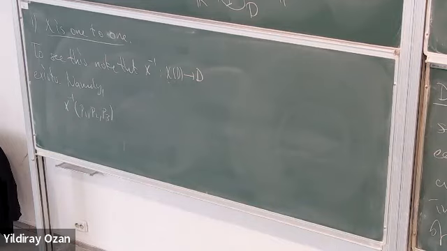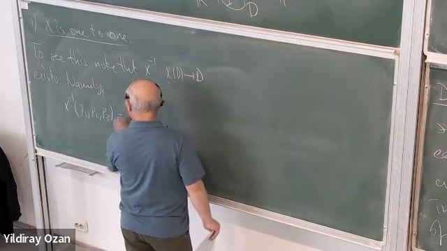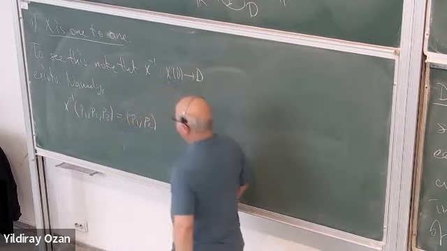X sends UV to UV something. Therefore, X inverse will send UV something to UV. So it is just the projection onto the first two coordinates. So X inverse is just P1, P2, right?